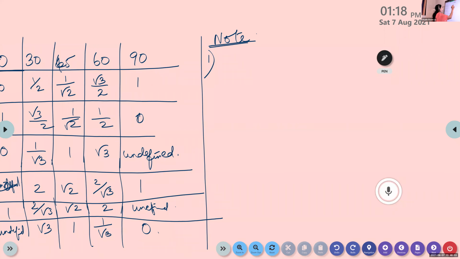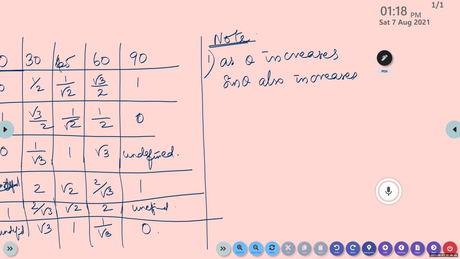As theta increases, what can you say about sine theta? Look at the values and tell me. Sine theta also increases. It starts from 0, slowly increasing to 1 by 2, 1 by root 2, and then it comes as 1. So as theta increases, sine theta also increases.